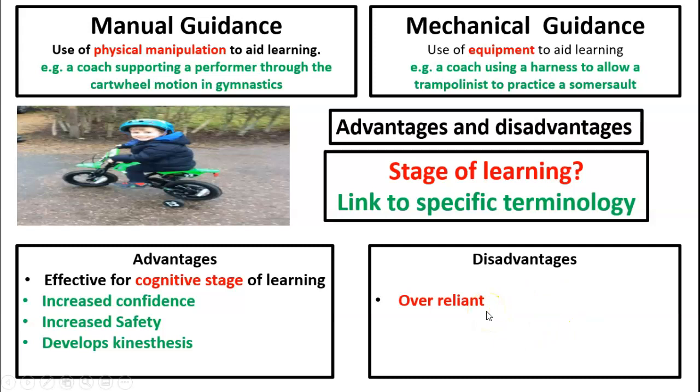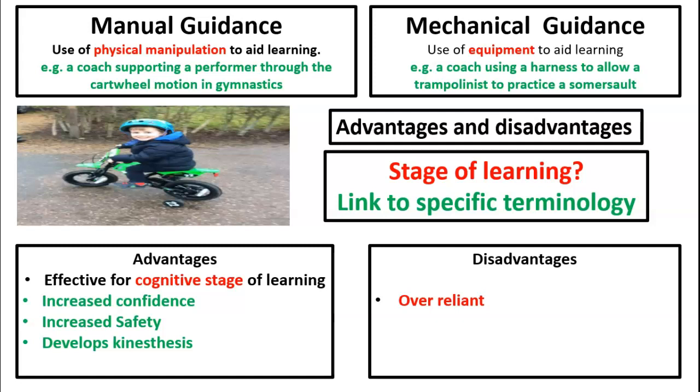The other, and this is so key. Although we have said that by having, for example, stabilizers on a bike, it develops kinesthesis, that sense of feeling the movement, we all know there is a massive difference between cycling with stabilizers and not.